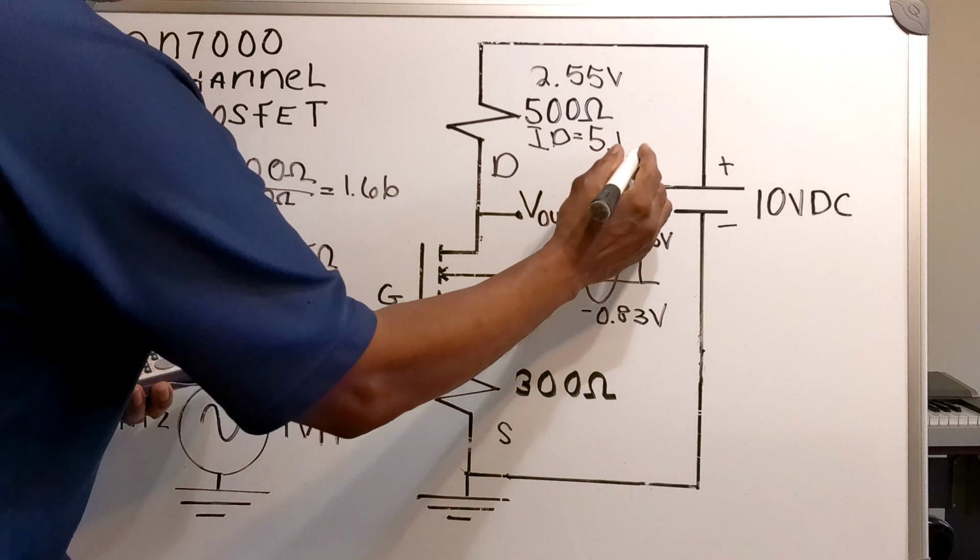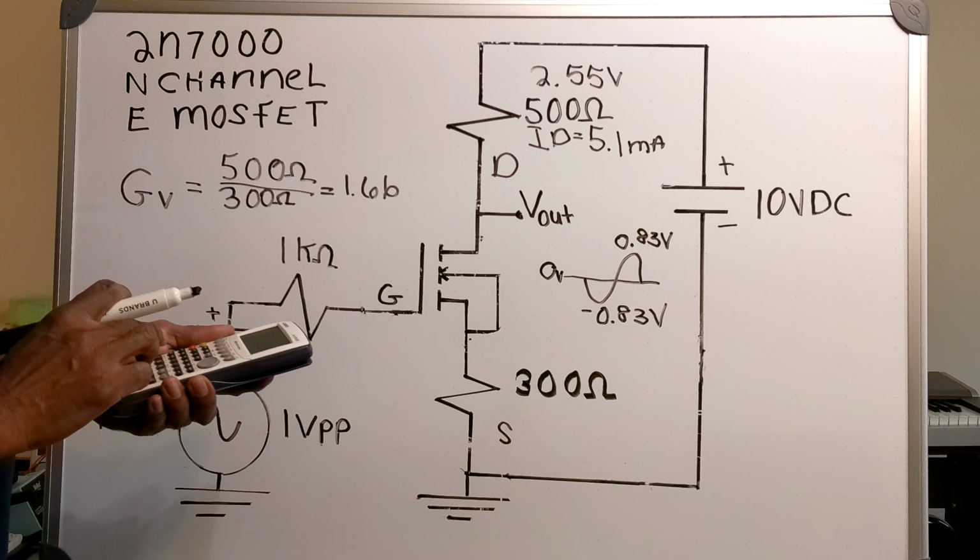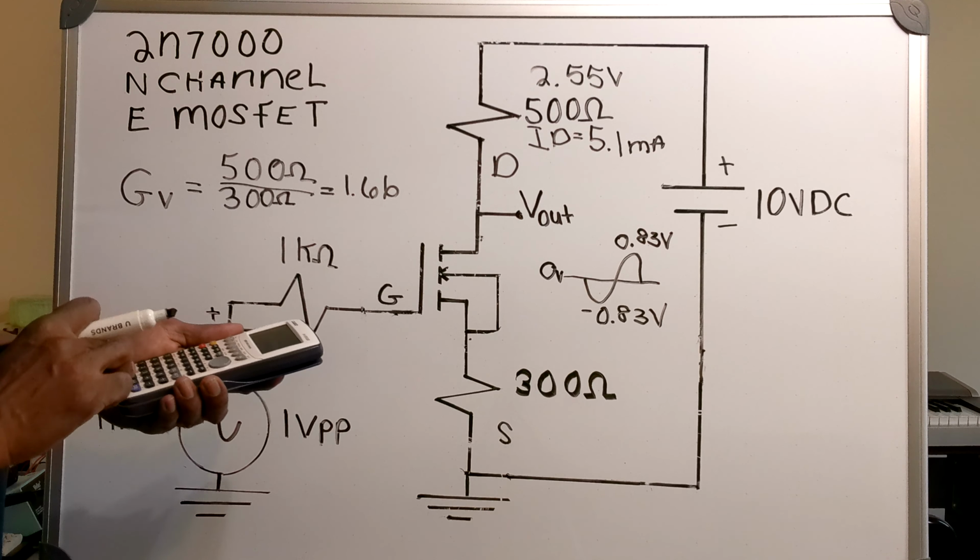Now, I take 5.1 milliamps and I multiply that by my 300 ohm resistor, and that will give me my voltage across my source resistor. So 5.1 milliamps times 300 ohms, that gives me a source voltage of 1.53 volts.